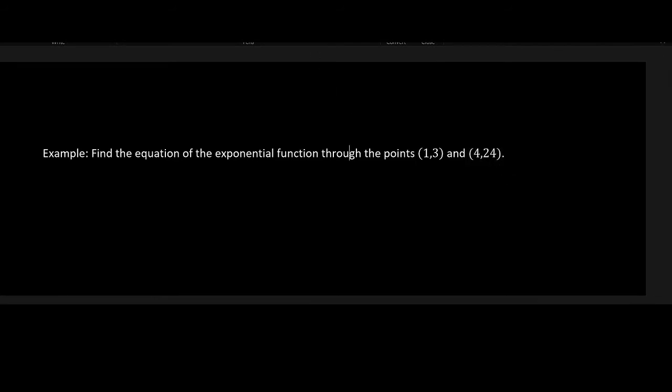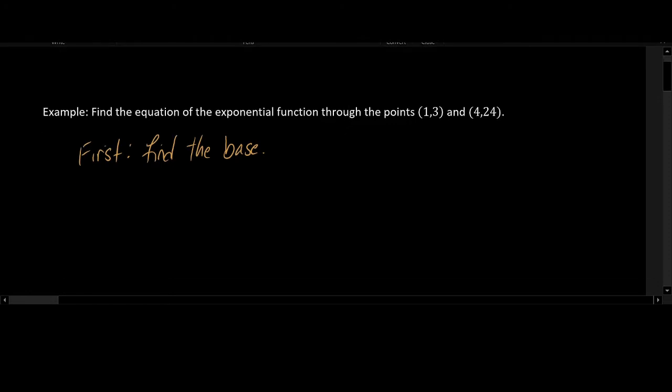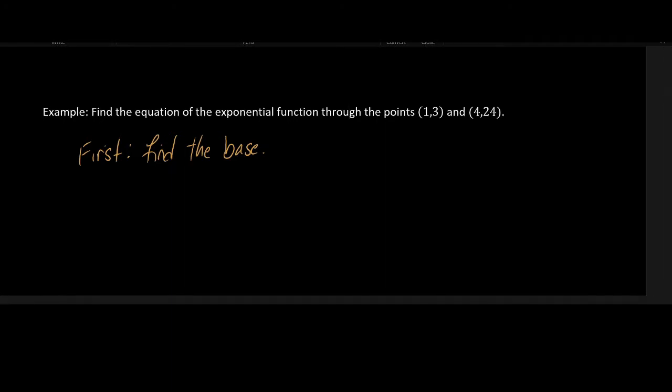Now, when we're given a problem like this one, our first task is to find the base of the exponential function. First, find the base. So, this process is the same as what we outlined in the previous video. The first thing that we do is we figure out by how many units x has increased.